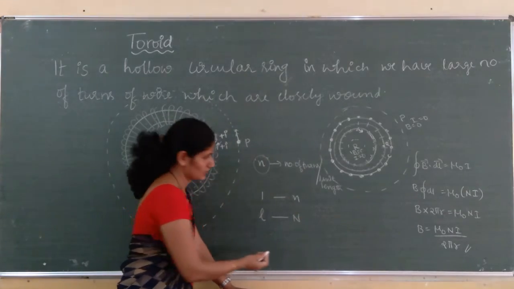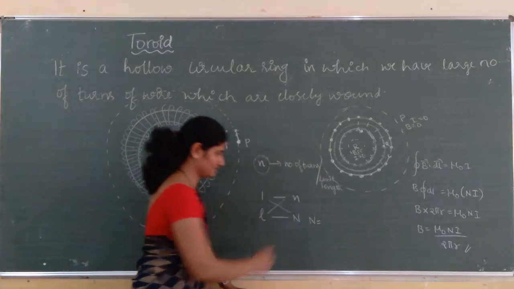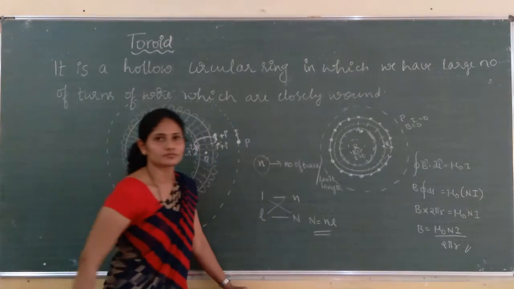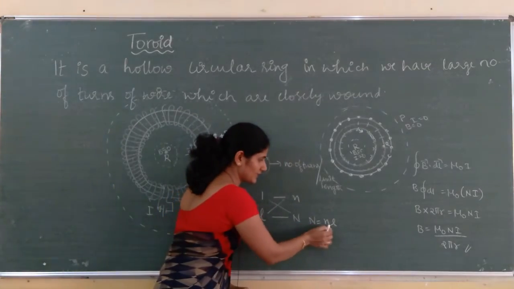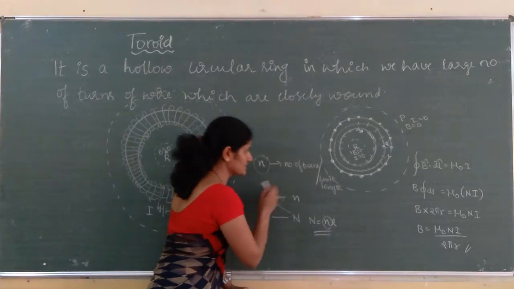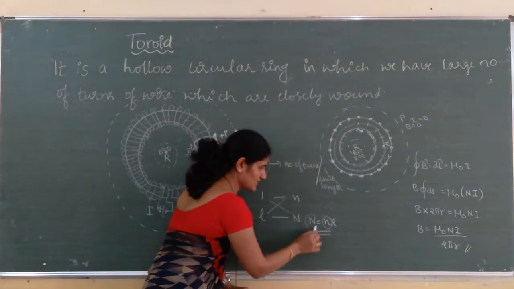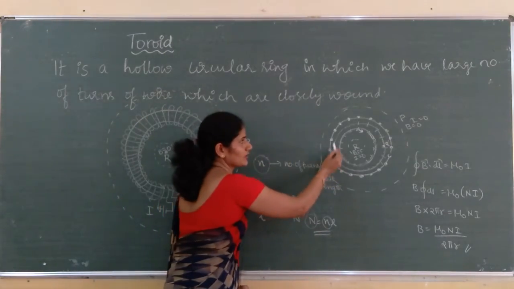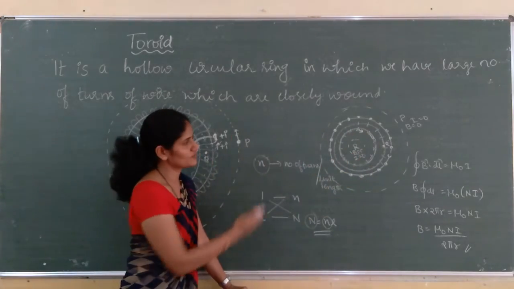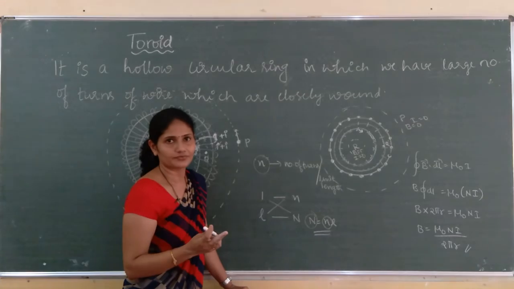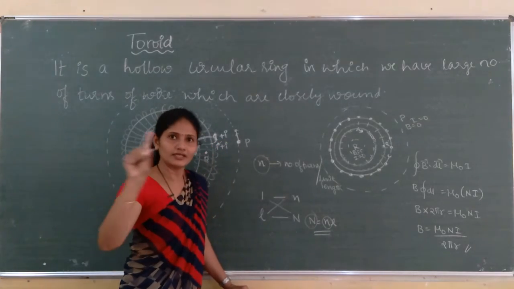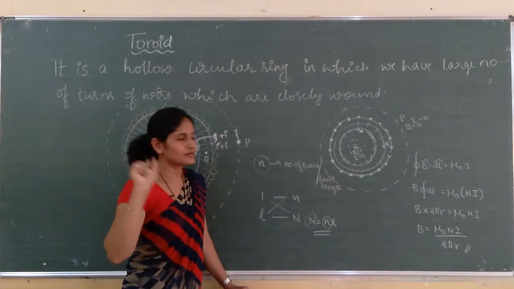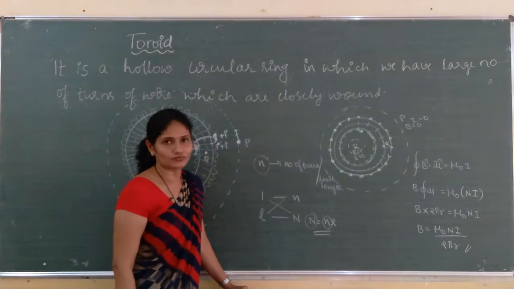N number of turns. So, N is equal to n into L. This is the relation between capital N and small n. Here small n means number of turns per unit length, and this capital N is the total number of turns. Here L is nothing but the circumference of the circle, because we are considering the circular ring. In case of the solenoid, we have only the rod, therefore L is the length of the rod.